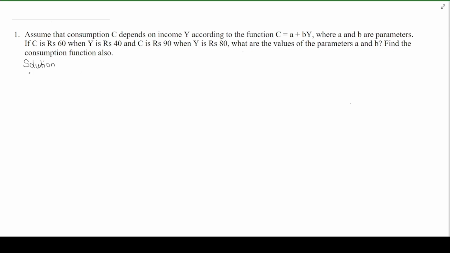Now I'm going to solve this question. Solution. Here, what is given? The relation is C equals A plus BY. And the two conditions are given over here. They are C equals rupees 60 when Y is equal to 40.